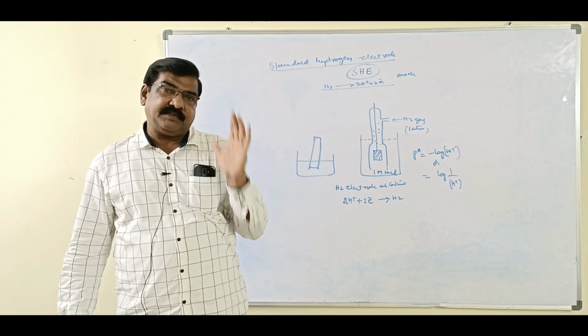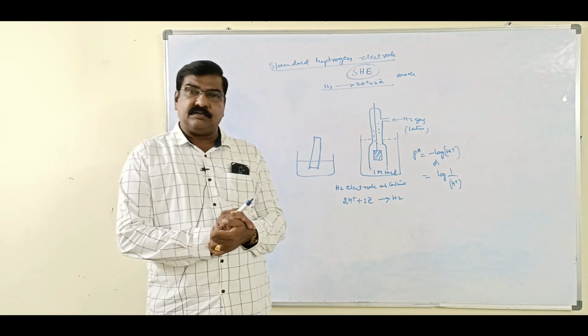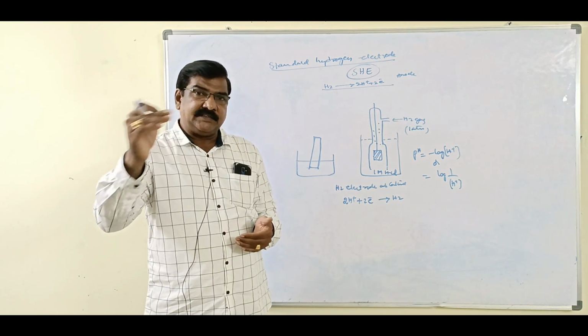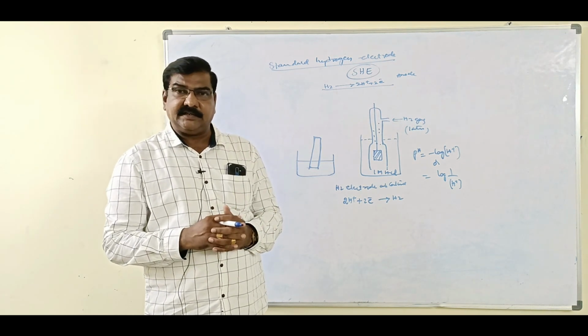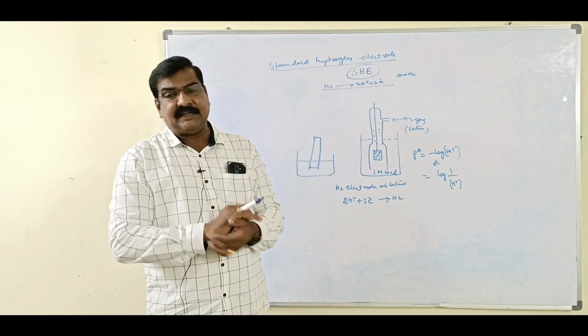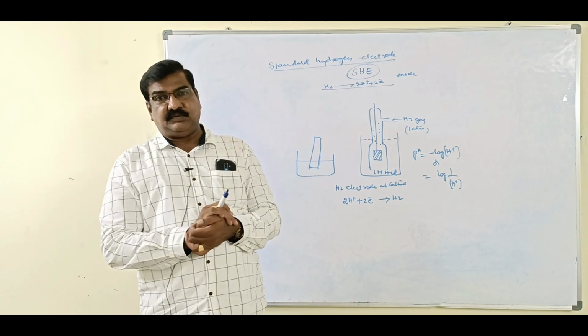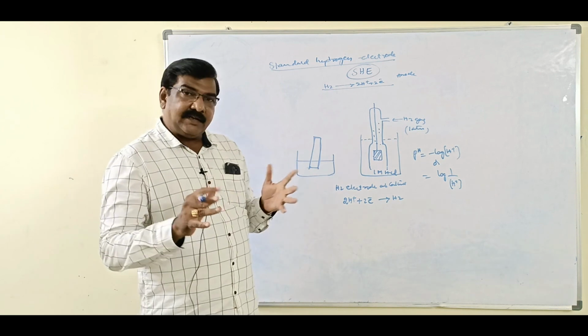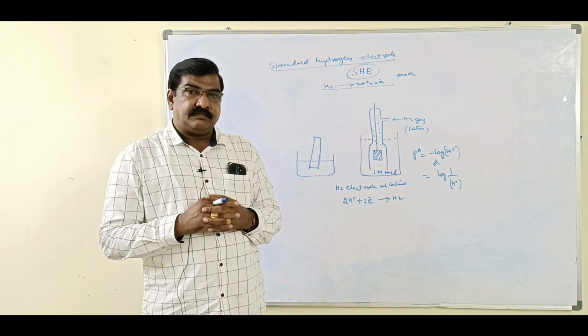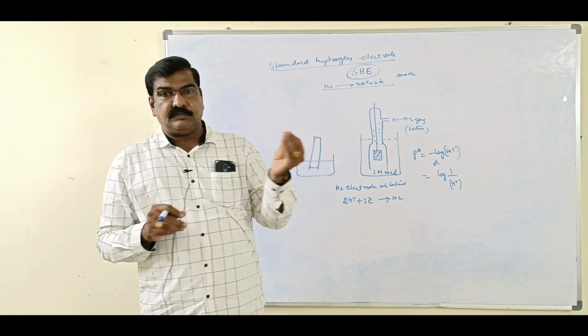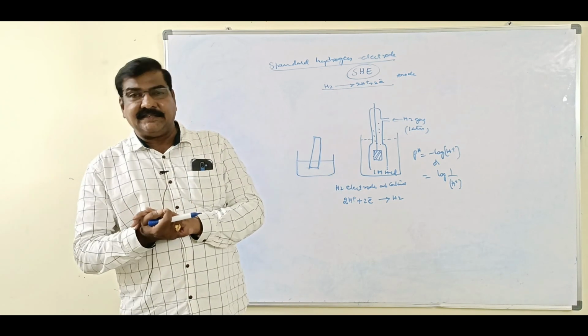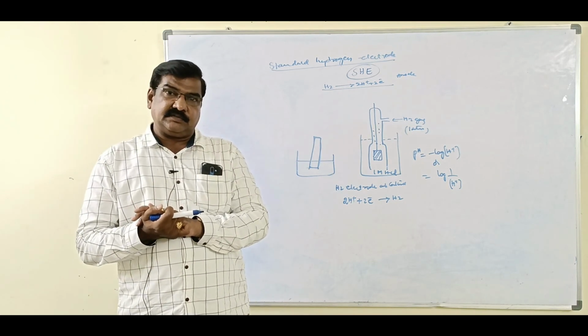With the help of that secondary standard electrode, the electrode potentials of remaining electrodes are calculated. The secondary standard electrode is calomel electrode. What is this calomel electrode? How it is useful to calculate the electrode potentials of other electrodes, we will discuss later.